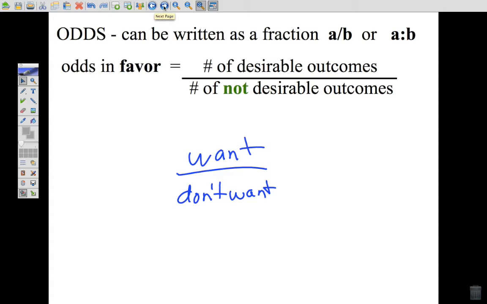So if I was going to roll a die and I wanted to know the odds of rolling a 3, what do I want? I want a 3. How many 3s are on that 6-sided die? Only 1. How many sides of that 6-sided die are not 3s? 5. So my odds for that example would be 1 out of 5.